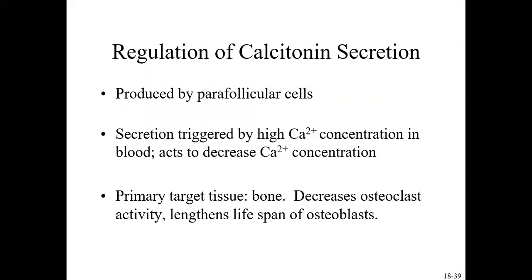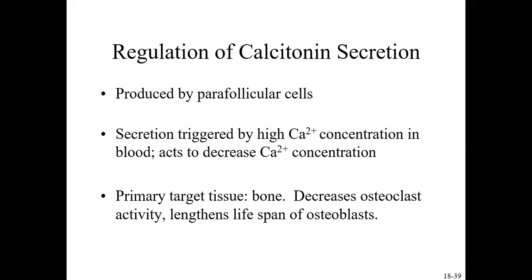Now, the other hormone that's produced by the thyroid gland, a lot of people forget about this hormone, but it's calcitonin. You can see in the name calcitonin that it has something to do with an element called calcium. There are particular cells that we'll look at a little later called parafollicular cells. These are cells that are actually producing the calcitonin.